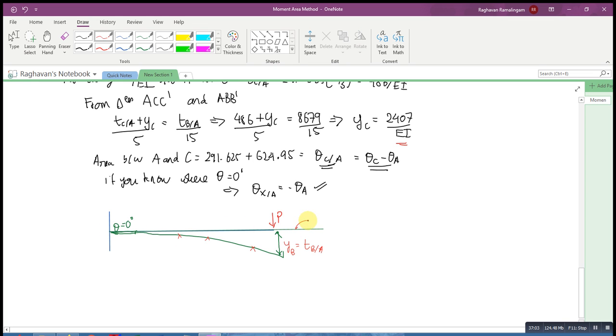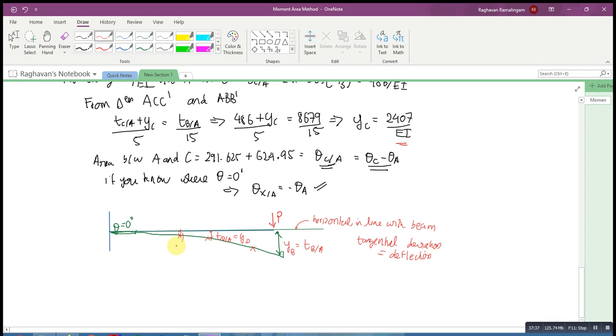This tangent is horizontal, in line with the beam. So at any point the tangential deviation will be equal to the deflection. Wherever you want, you can find out the tangential deviation, and it will be equal to the deflection.